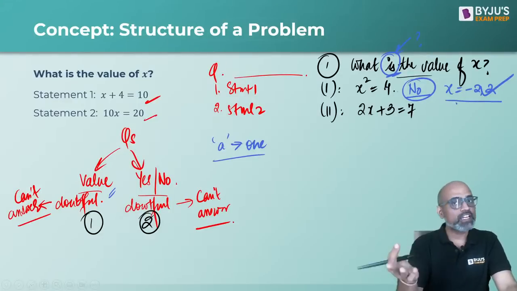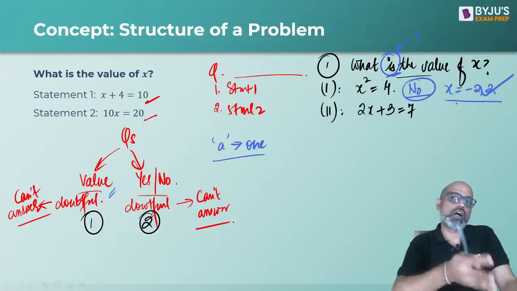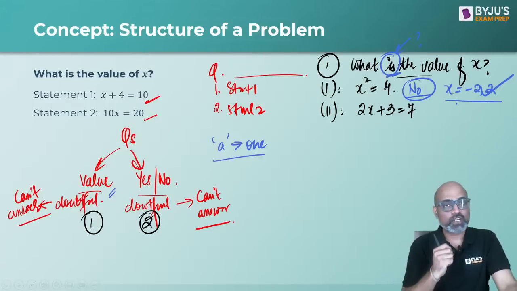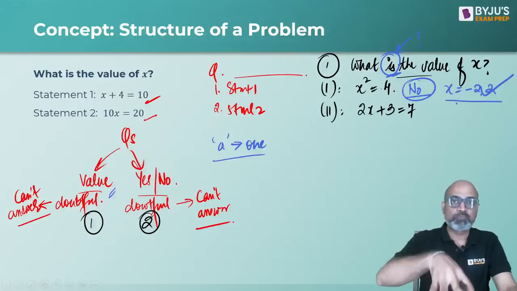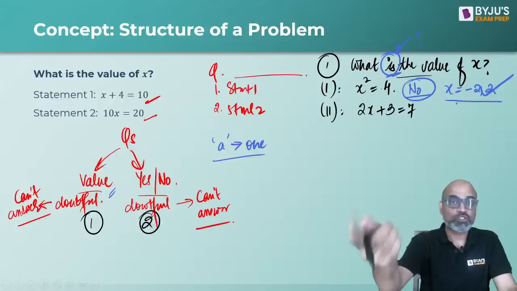Even if you are going to get infinite values, you are able to answer it because they're asking you what are the values of x. You'll be like 1, 2, 3, 4, 5, 6. Lifetime तक बोलते चलो, कोई फर्क नहीं पड़ता. Getting it? Everybody understood who is saying first से answer आ रहा है? I understand it. From a quant perspective, mathematics perspective, yes, you are able to solve it. But that's not what the question is.